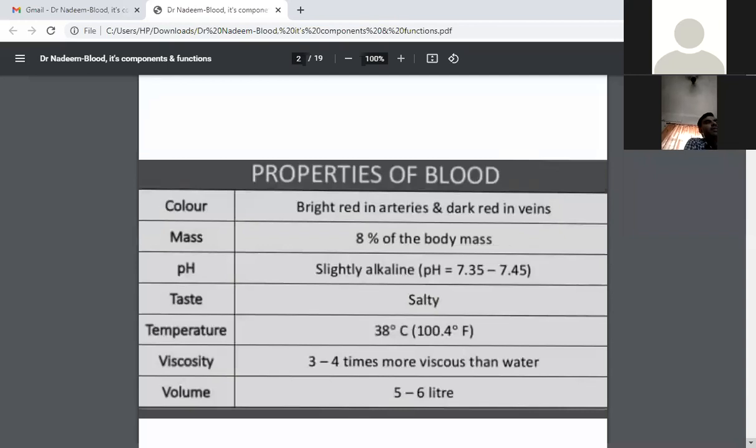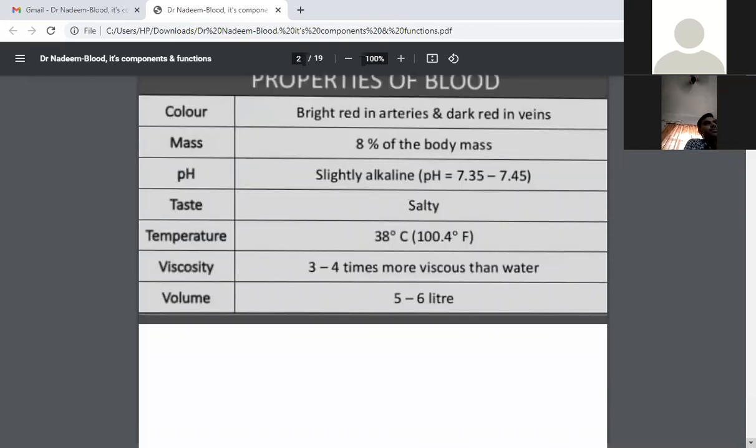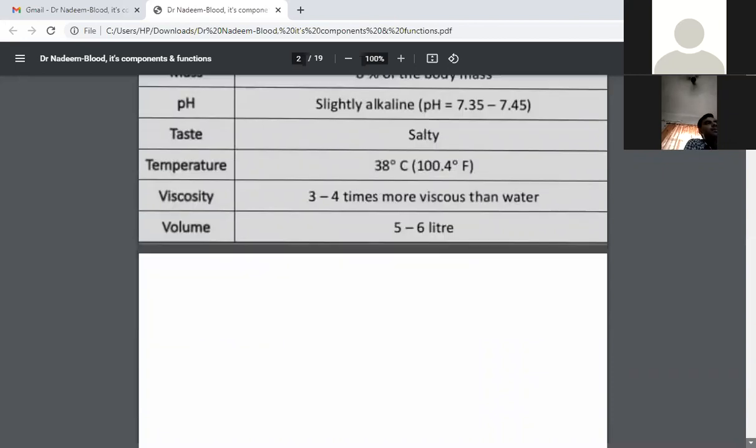In terms of viscosity, it is 3 to 4 times more viscous than water. The total volume is 5 to 6 liters. These are the properties of blood, starting from color, mass, pH, taste, temperature, viscosity, and volume.